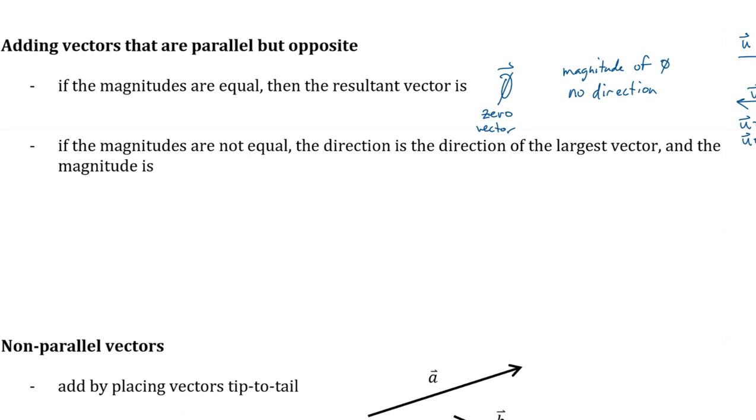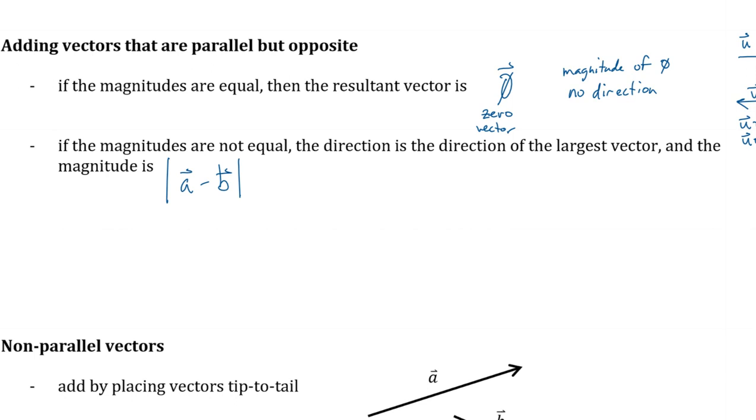If the magnitudes are not equal, the direction is the direction of the largest vector, and the magnitude is the absolute value of vector A minus vector B. So it doesn't matter if I'm subtracting the smaller from the bigger or the bigger from the smaller, because I'm going to take its absolute value anyway.